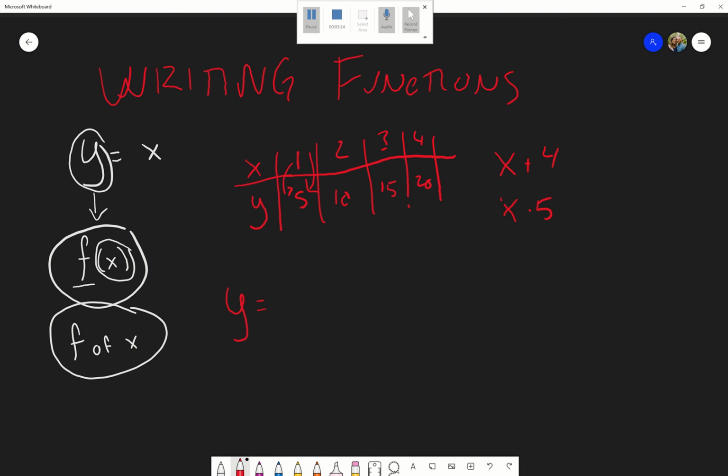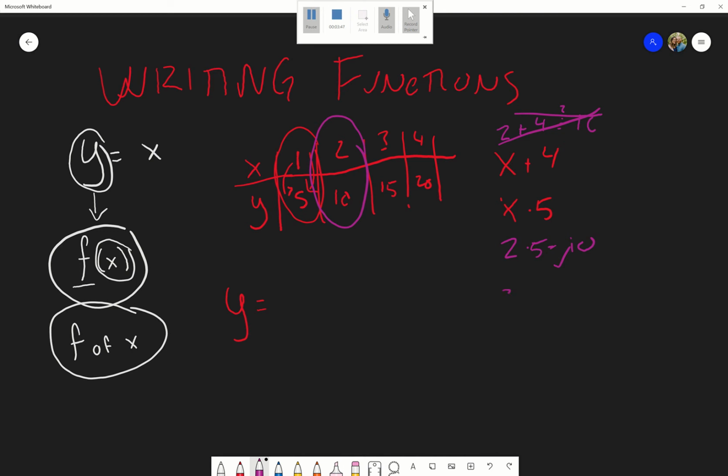We know both of these work for this first value. Let's try it for our second value. If x is 2, 2 plus 4 equals 6, not 10. No, that does not work. So let's try it down here. 2 times 5 equals 10. Yes, that works. So far we're on the right track.